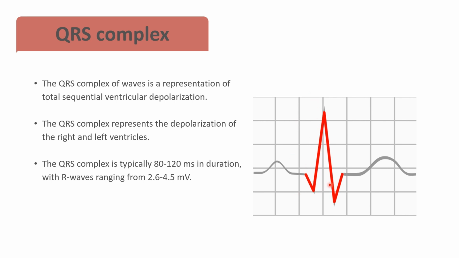So its shape, duration, and amplitude provide critical information about the ventricular function and can help to detect conditions like bundle branch blocks, ventricular hypertrophy, and myocardial infarction.